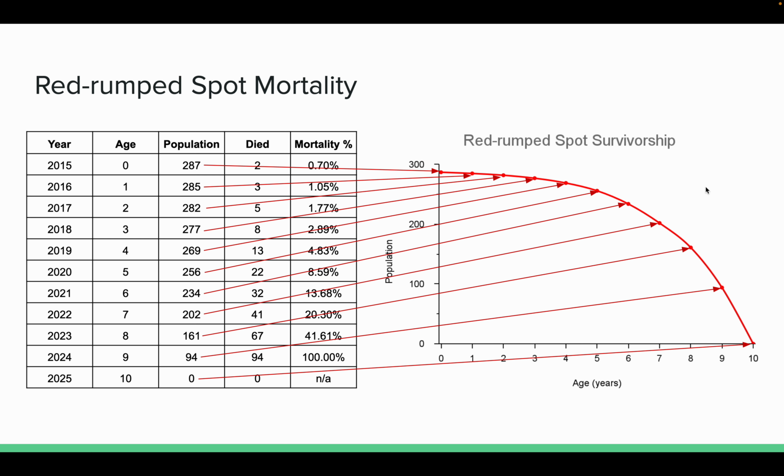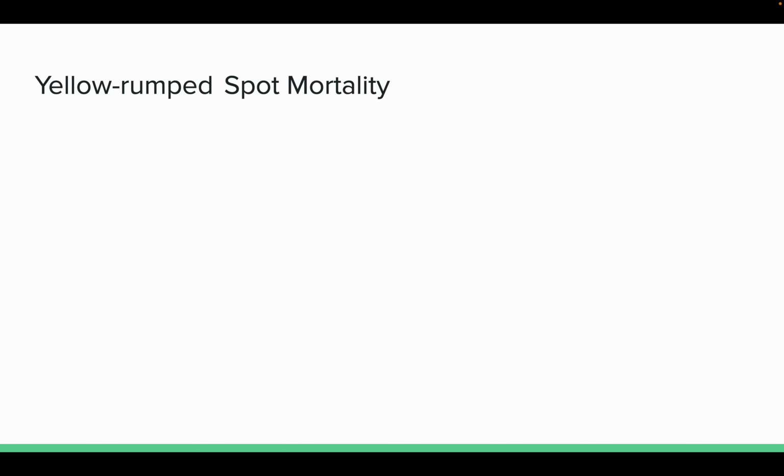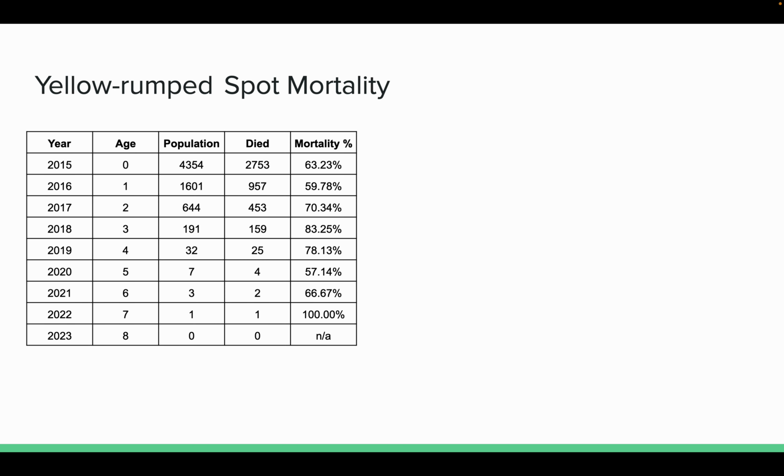Let's look at a closely related species, the yellow-rumped spot, and we'll see how this one's cohort survival compares to the other species, the red-rumped spot. So here's our table this time round, and you can see that we've got quite a lot bigger of a cohort to start with.